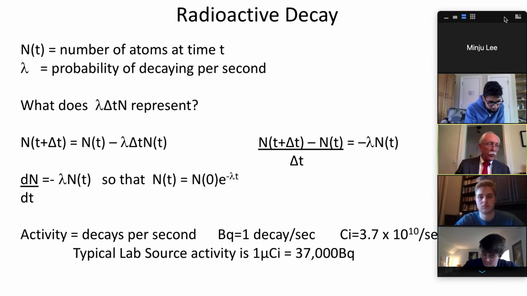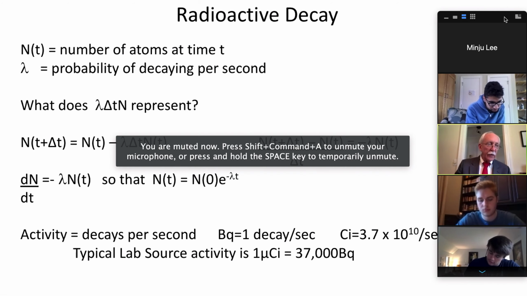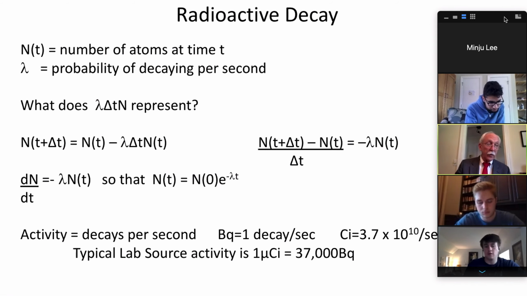Okay, a source that's emitting radiation, which copper is, that has an activity of 2.4 times 10 to the 8 curies will kill you.